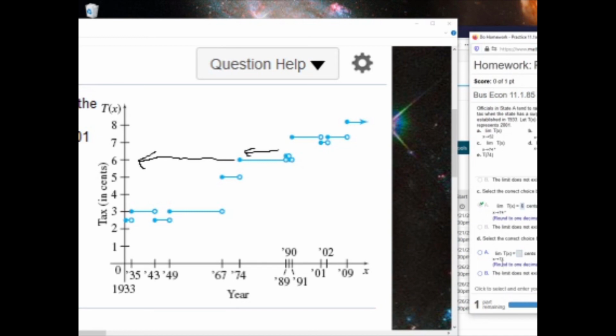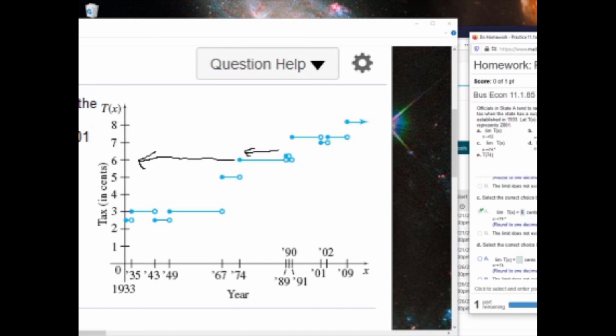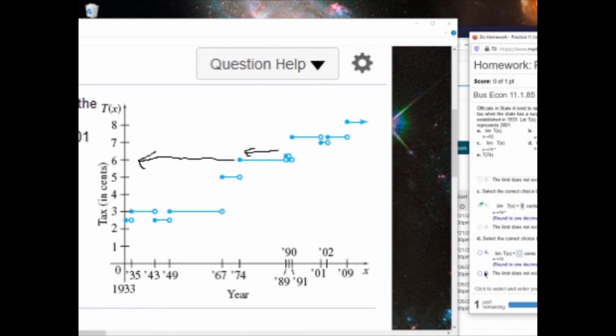And they want to then know what is the two-sided limit at 74. Now we just figured out that the left is 5, the right is 6. They don't equal. If they don't equal, then there is no two-sided limit.